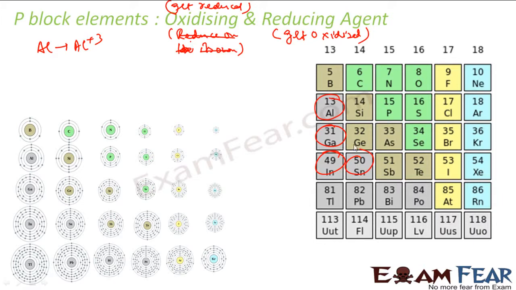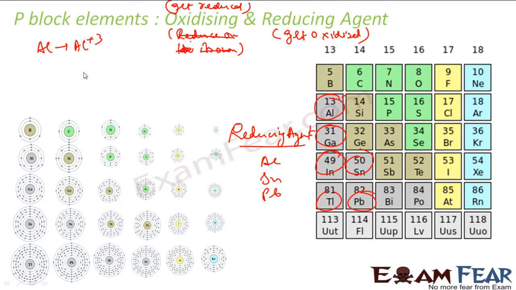Because they want themselves to get oxidized. For example, aluminum is one, tin is one.